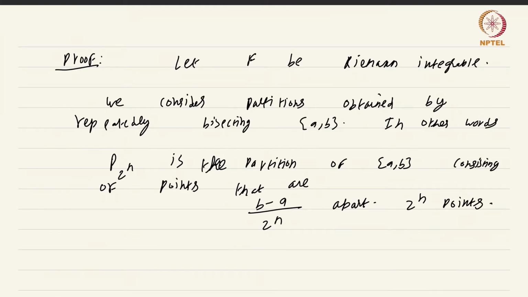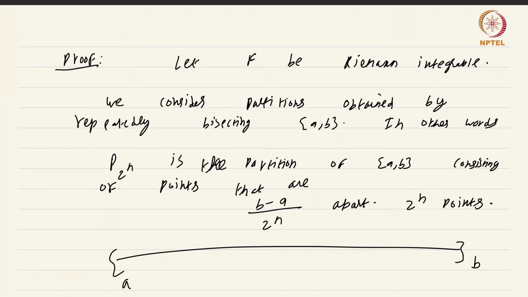So what we essentially do, for instance, if you take the case n equal to 1, you just take (B minus A) by 2. This will be a plus (b minus a) by 2. These 3 points would be the points in the partition.